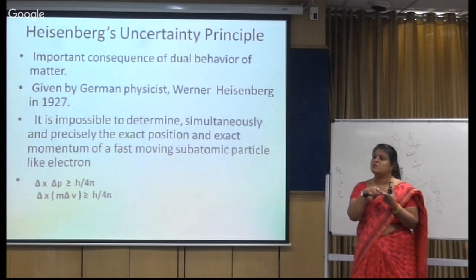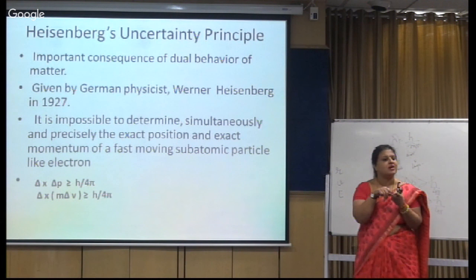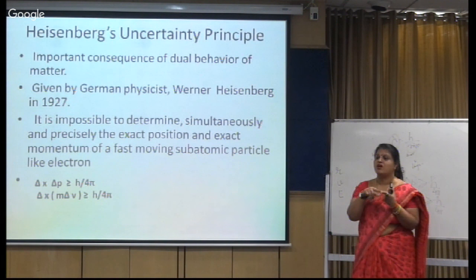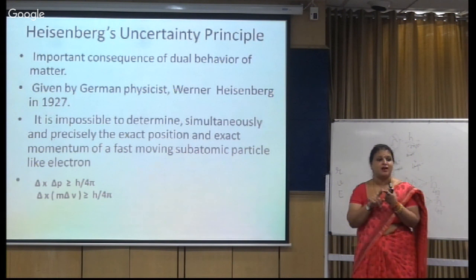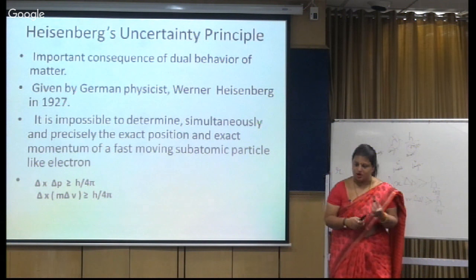Bohr's model was based on the particle nature of the electron, but the model we need should be based on the wave nature, and that is the wave mechanical model. So after Bohr's model, we study the wave mechanical model.